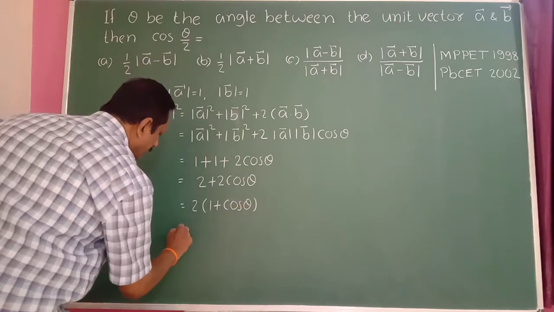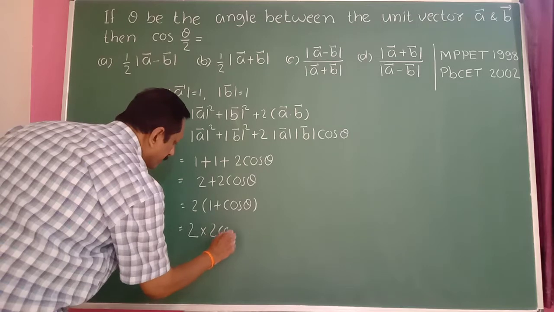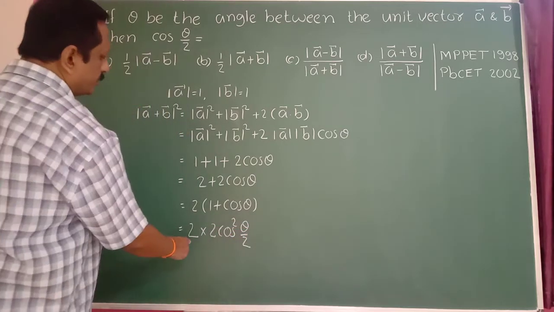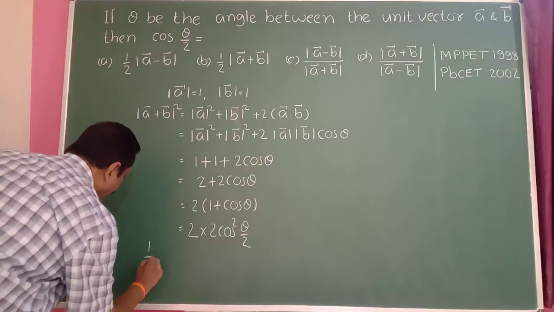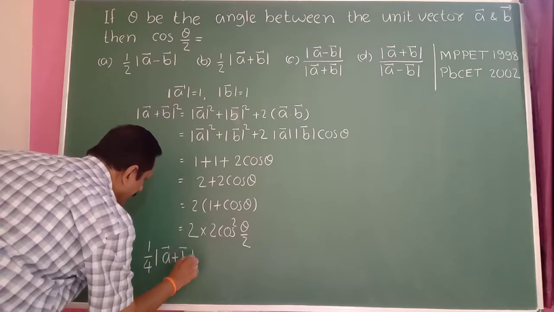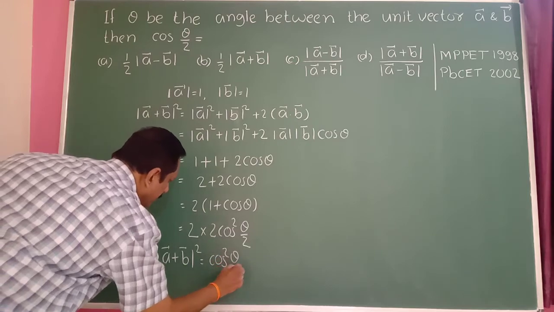And you know the formula here: 1 plus cos theta is 2 into cos square theta by 2. 2 into 2 becomes 4. Taking to the left hand side, 1 upon 4 into modulus of A bar plus B bar square is equal to cos square theta by 2.